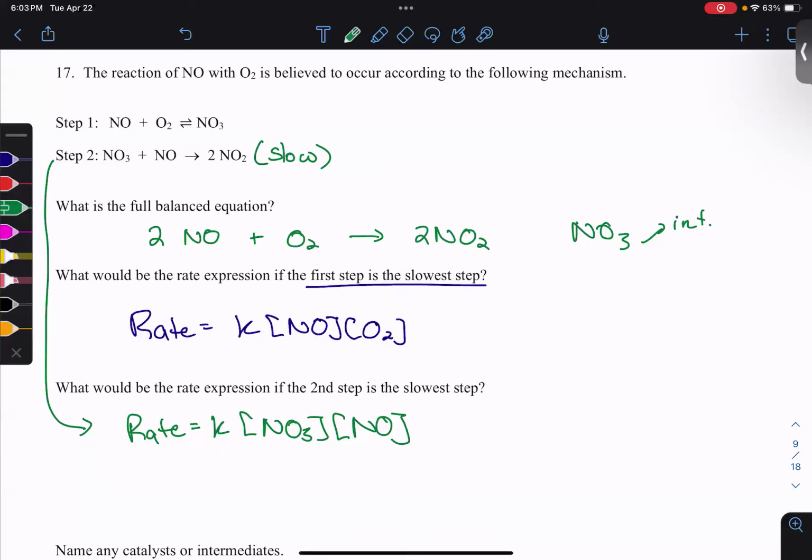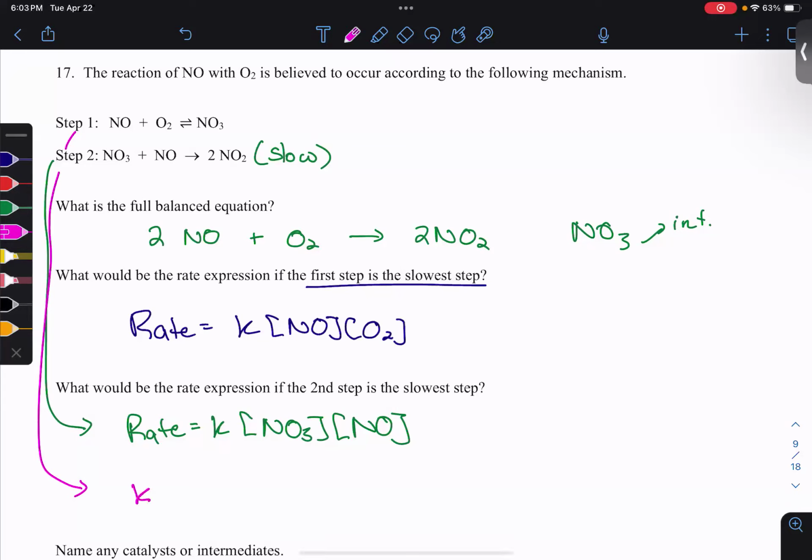No, what's wrong? We can't have NO3. So what we're going to do is use the first step, which we assume is a fast equilibrium step, where the forward rate is equal to the reverse rate.